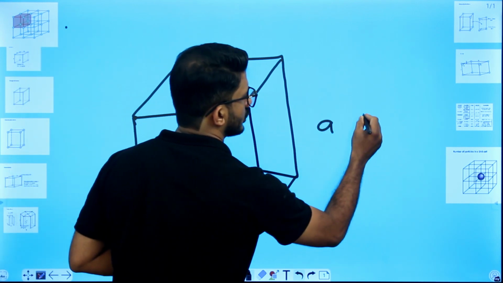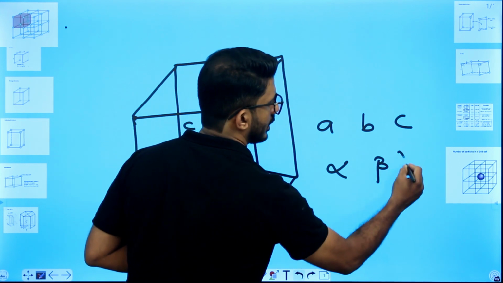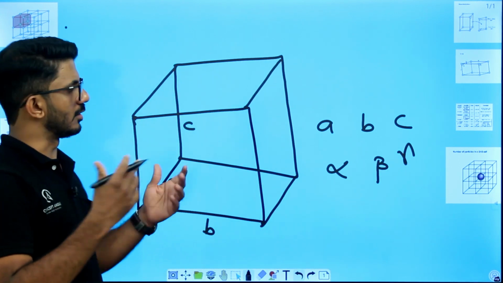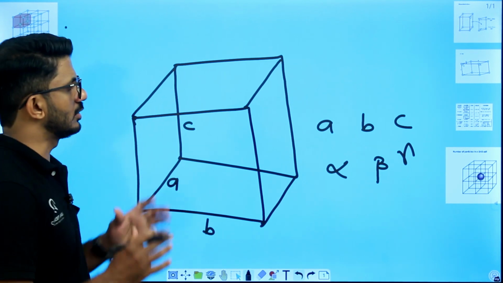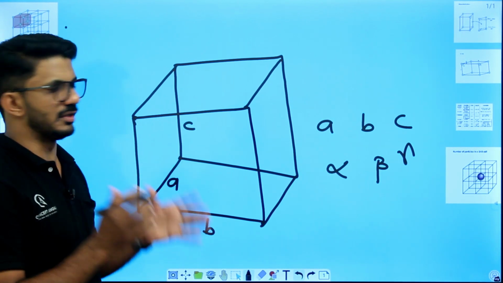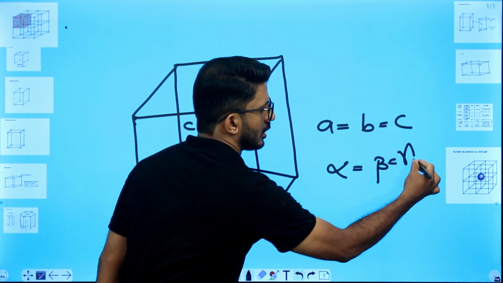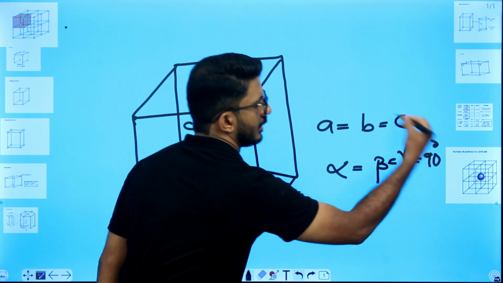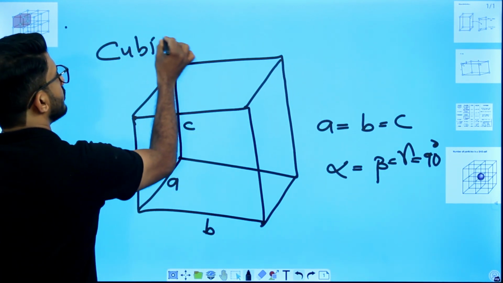And there are relations between A, B and C, and relations between alpha, beta and gamma. Sometimes A, B, C are equal, sometimes alpha, beta, gamma are 90 degrees. Actually, A is equal to B is equal to C, and alpha is equal to beta is equal to gamma is equal to 90 degrees. This unit cell is cubic.